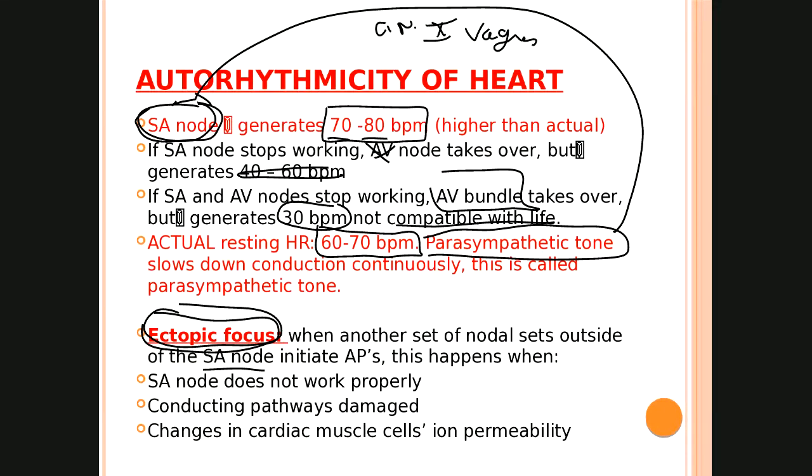This happens when the SA node does not work properly or when there is some type of damage between the conducting pathways. This will change the heart rhythm, and it will definitely have to be dealt with. Nowadays, with an ectopic focus, what they do is burn the little nodal cells that are causing the problem, and then the problem is solved.